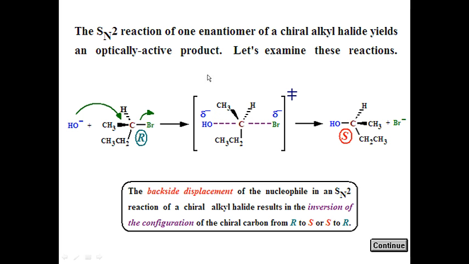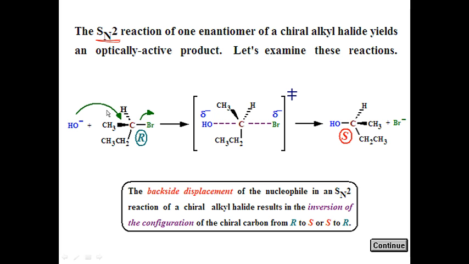And so if you think about what happens in this reaction, if the SN2 mechanism is actually backside attack, that means that if I took, for instance, R-2-bromobutane, and I purified and I had only the R enantiomer, that when the hydroxide comes in and attacks this carbon and kicks off the halogen, and it goes through this transition state, the OH would be on this side of the molecule after kicking out the bromine.